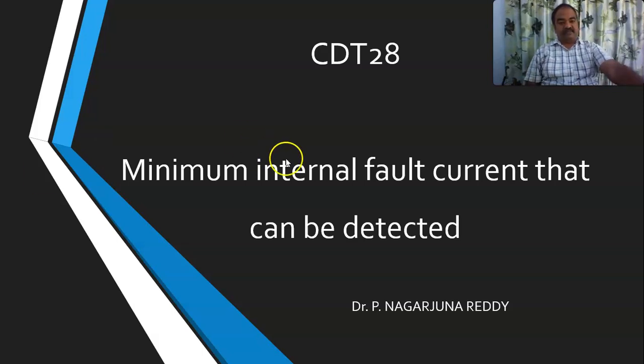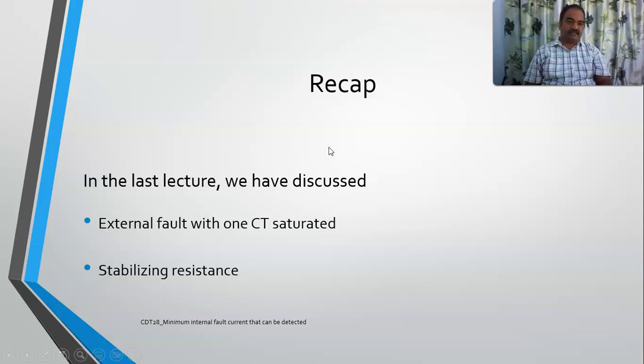In the last video lecture, we discussed external faults and how a saturated CT will give a false alarm for external faults. And we opined that if we keep a high value of resistance in series with the overcurrent relay in the differential scheme, then it will help us in stopping these false alarms.